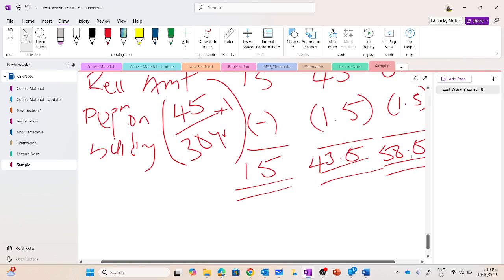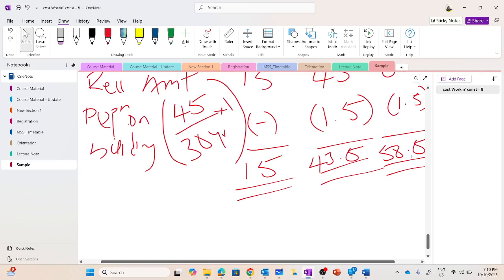So now, looking at this, we have excess depreciation. It amounts to 1.5 minus 0.6, so 0.9 is the excess depreciation.